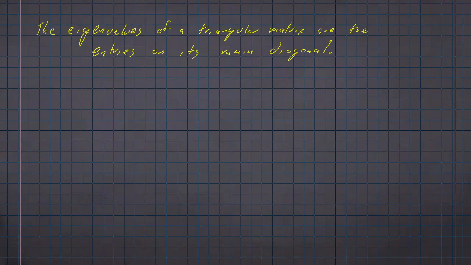Another theorem that I want to talk about, I should label this as theorem. The eigenvalues of a triangular matrix are the entries on its main diagonal. The proof of this relies on a fact that we talked about, why we cared about triangular matrices in the first place.